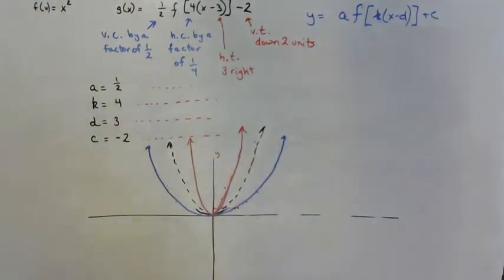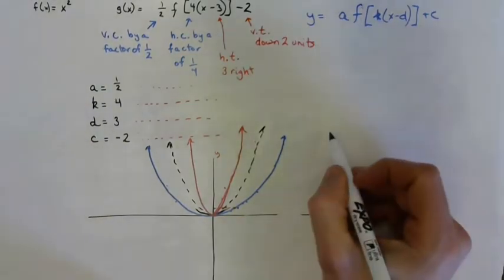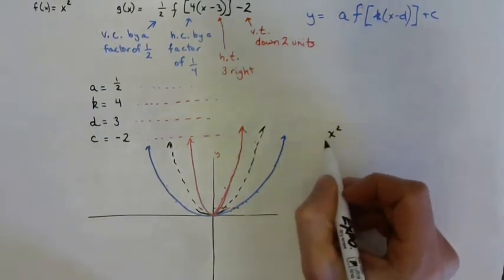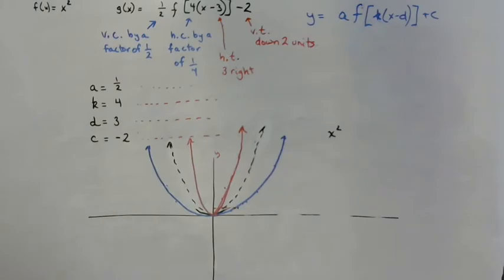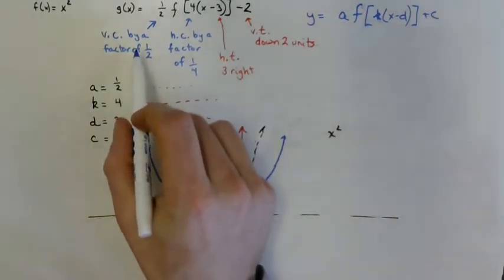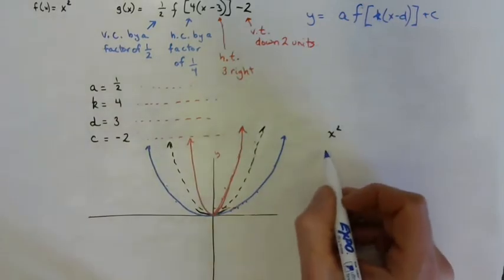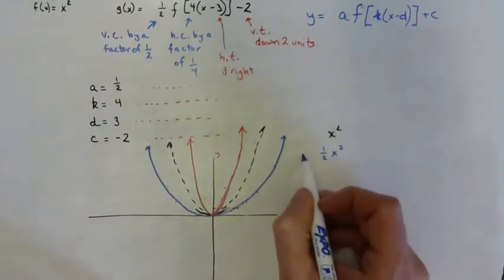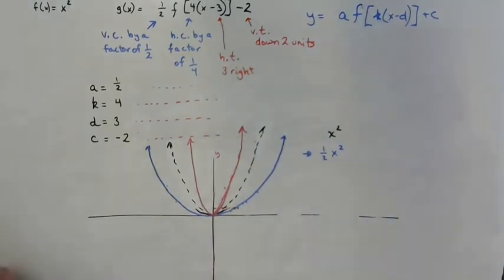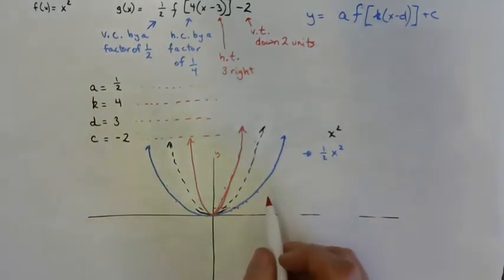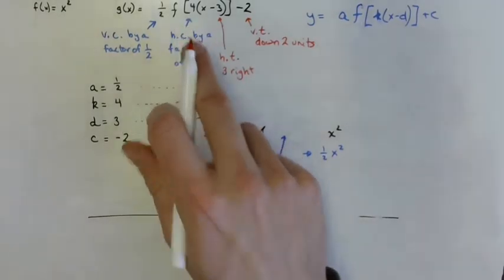So now what have we done? Black, we started with x squared. My blue graph was our vertical compression by a factor of 1/2. That was 1/2 times x squared. Red, I took a k value of 4.